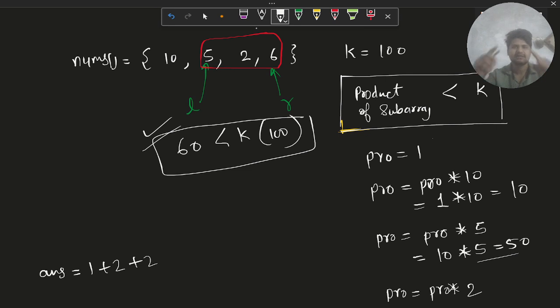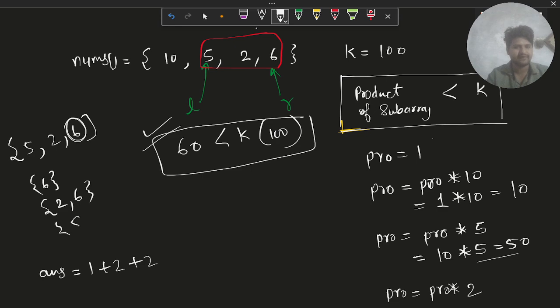That means this current window can have subarrays which satisfy this condition. We have 3 elements in this, so 5, 2 and 6, and we are going to include this 6. So how many subarrays can we form with this 6? A 6 itself, then 2 6, and then 5 2 6.